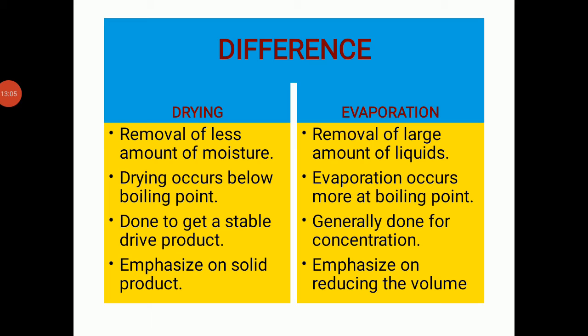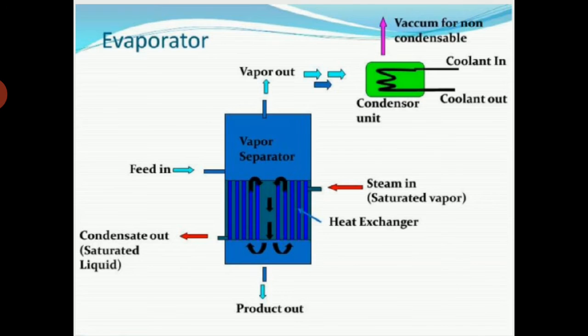If we differentiate between the evaporation and vaporization processes, as you can see in the PPT: evaporation is the process by which a liquid changes to its vapor at a temperature below its boiling point, and vaporization is the process by which a liquid changes to its vapor at its boiling point.